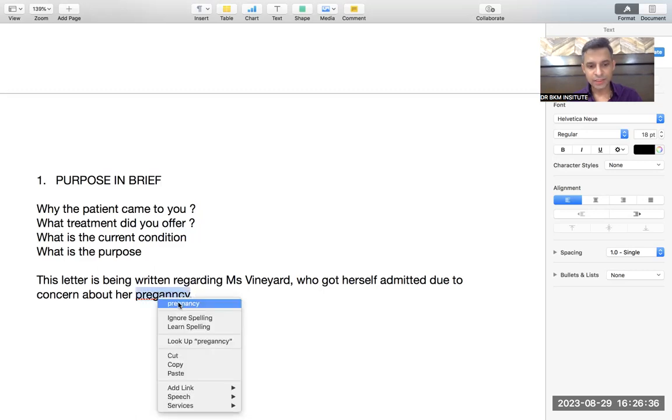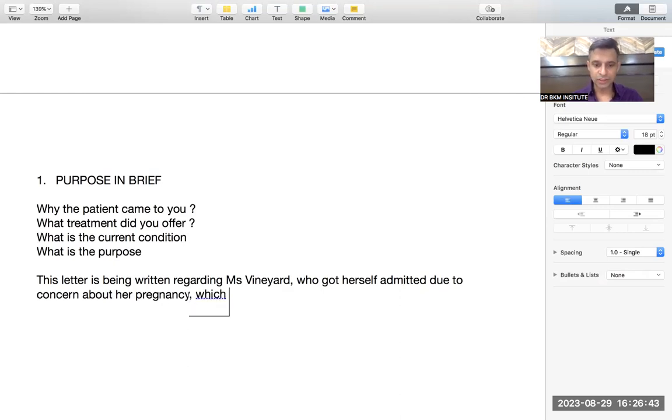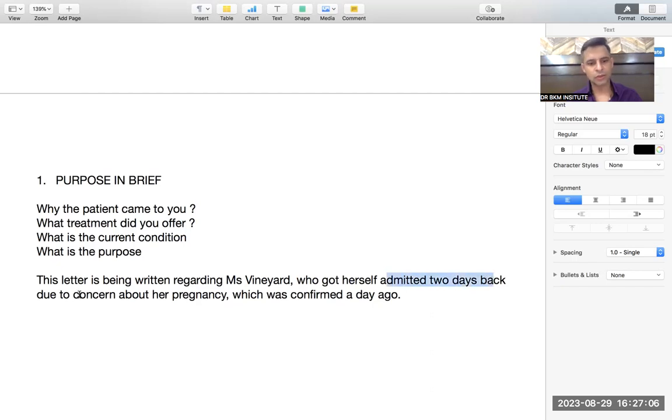So she got herself admitted due to concerns about her pregnancy, which was confirmed a day ago. I should also mention the date. Got admitted 2 days back. 2 days back means on 6th of January, patient got herself admitted due to concerns about her pregnancy, which was confirmed a day ago.